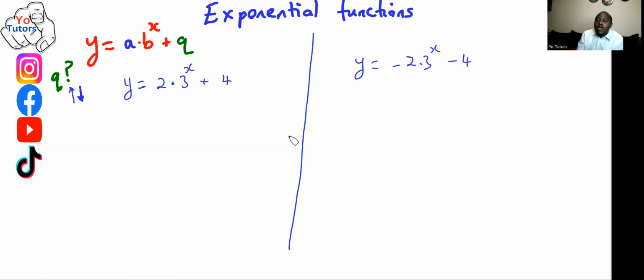Now let's see what will happen to our graphs. When you draw the graphs, you now know that in this case it's going to be on top. But now we see that there's a vertical shift of 4. So we are shifting the graph 4 units up.